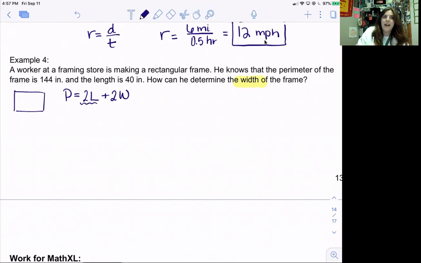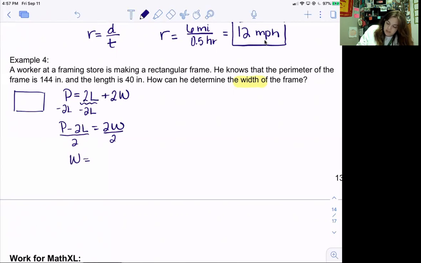Since it's being added to the 2W, we want to subtract. So P minus 2L equals 2W. And then to get W by itself, we're going to divide by 2. So W equals P minus 2L divided by 2.